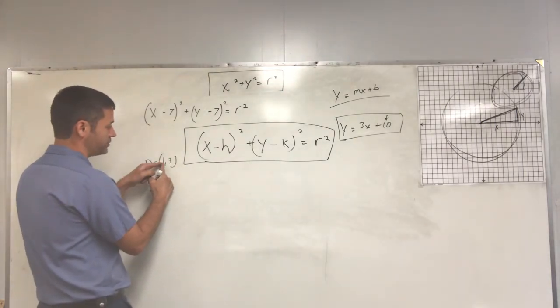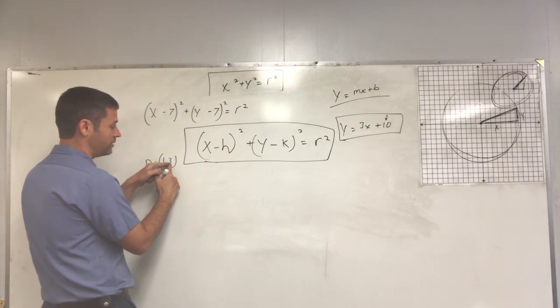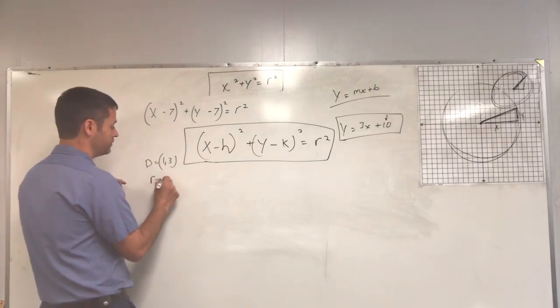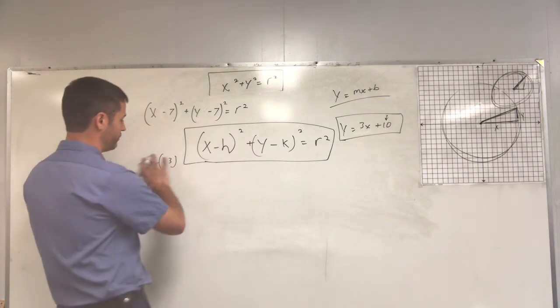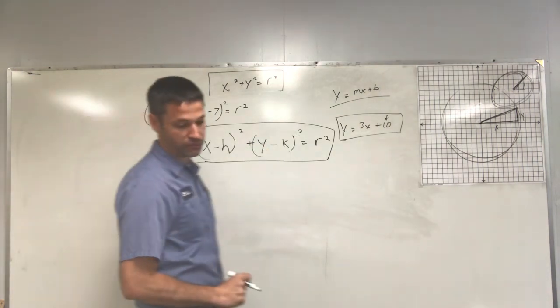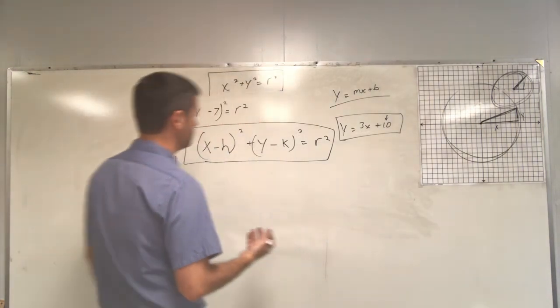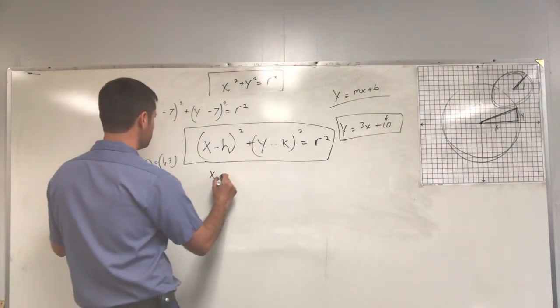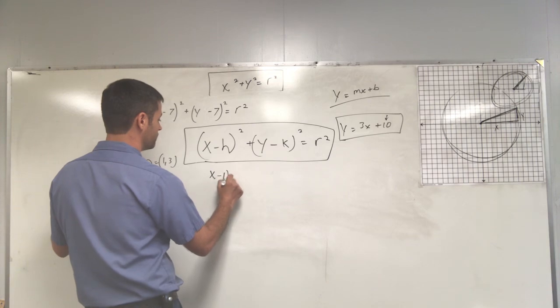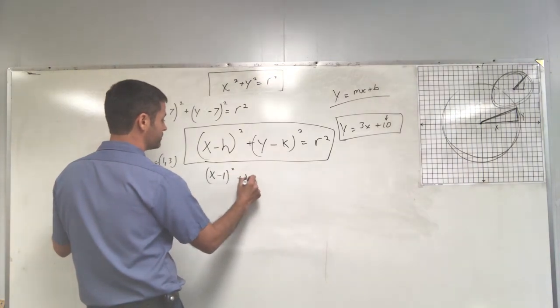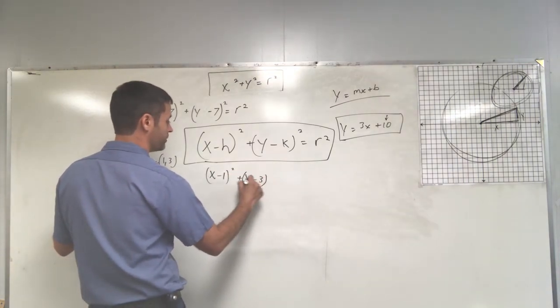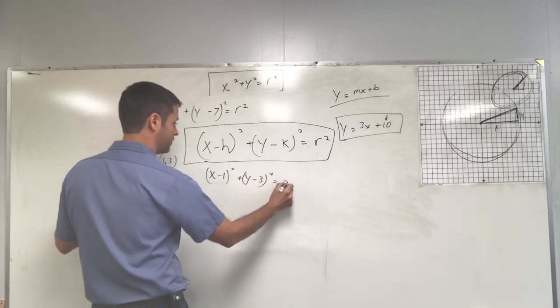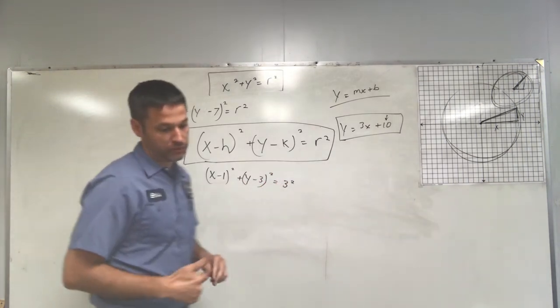So this is your H, and this is your K, and the radius is 3. So just fill this into this equation because that's what it's asking for. It's asking for the equation of the circle D. So for the circle D, the equation is x minus 1 squared plus y minus 3 squared equals 3 squared.